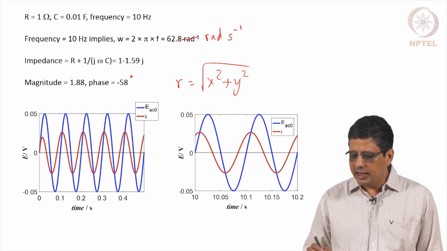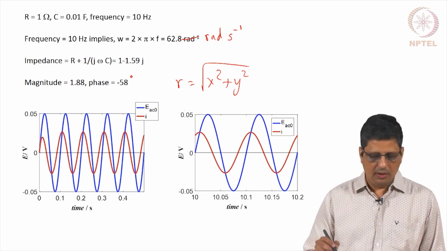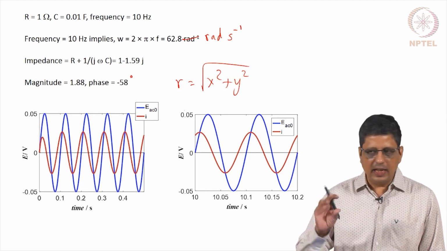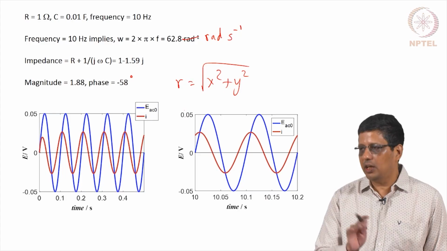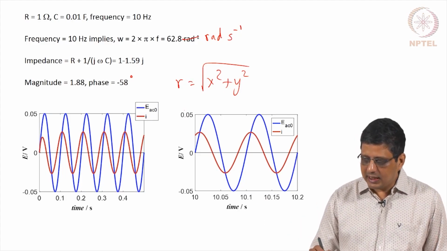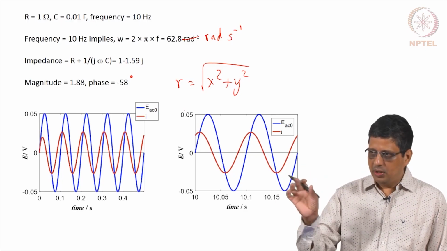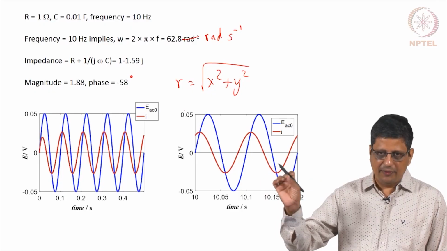Slightly better way of checking is to actually go in and measure the magnitude or the maximum peak here. We know the maximum here, take the ratio, it has to be 1.88 or 1.87, whatever the number of decimals we have. Similarly, find the exact time where this crosses 0 and you can calculate the phase. We know the period, entire period is 360 degree.